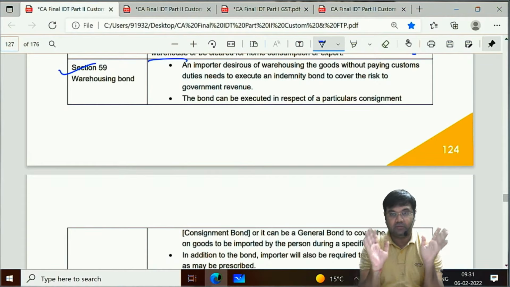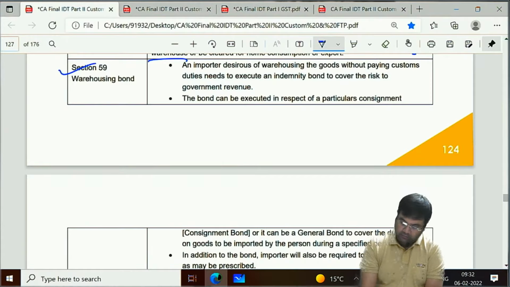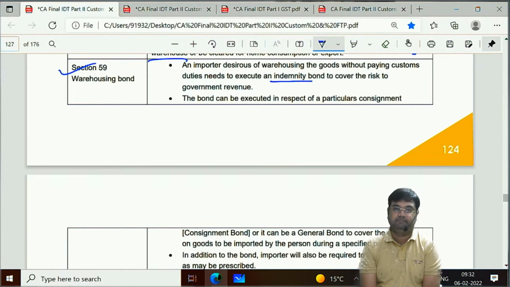So government is yet to get the duty, and of course is going to protect its interest. So what is the way out? They are going to take an indemnity bond along with appropriate security.